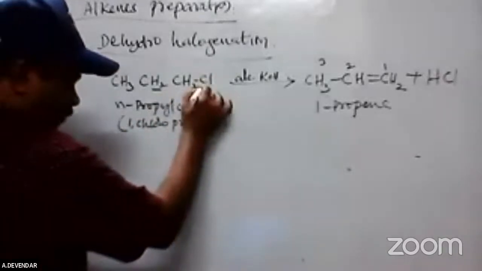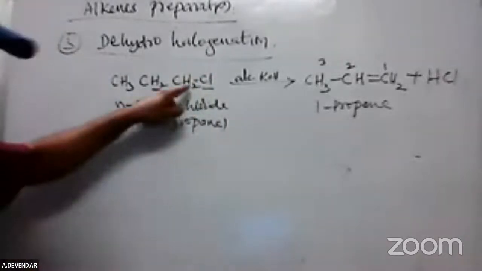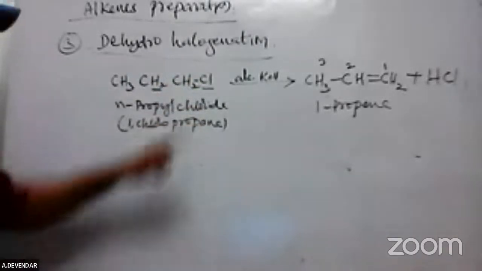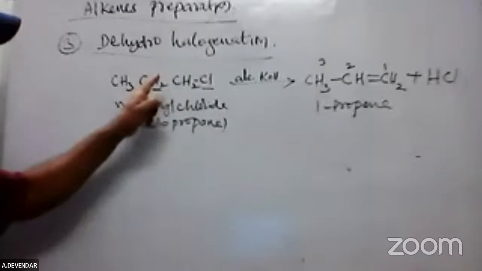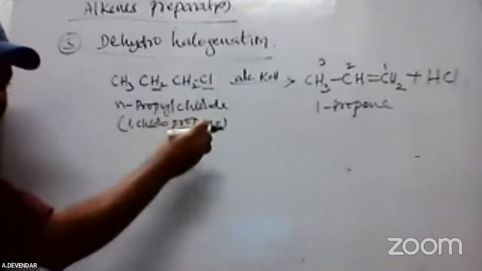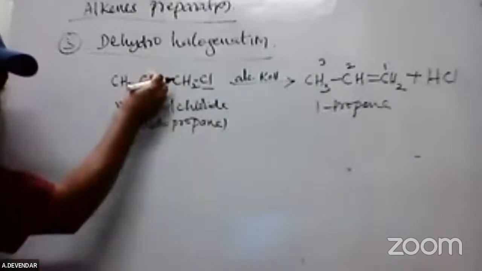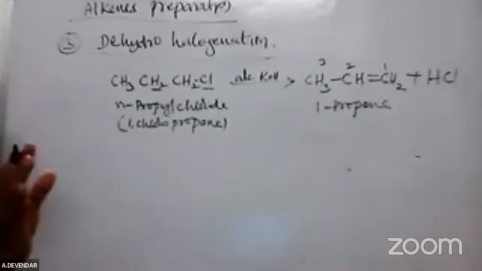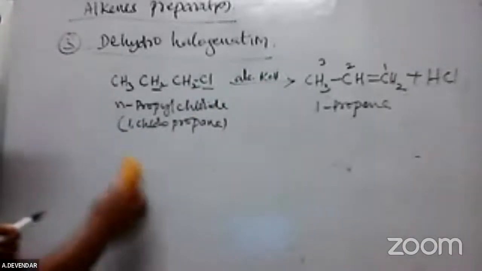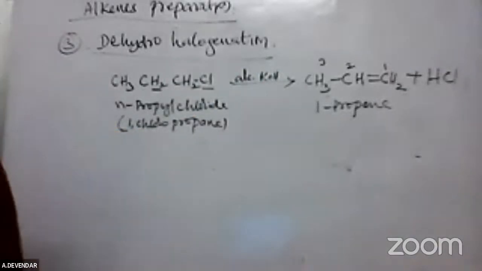The halogen is removed from the first carbon atom, and the hydrogen is removed from the next carbon atom, not the first carbon atom. Please remember that. That's why you are getting 1-propene.